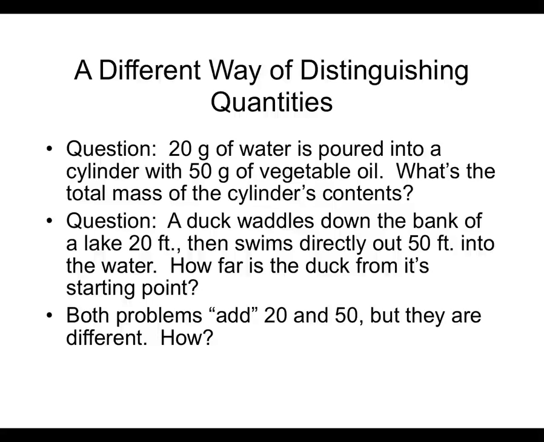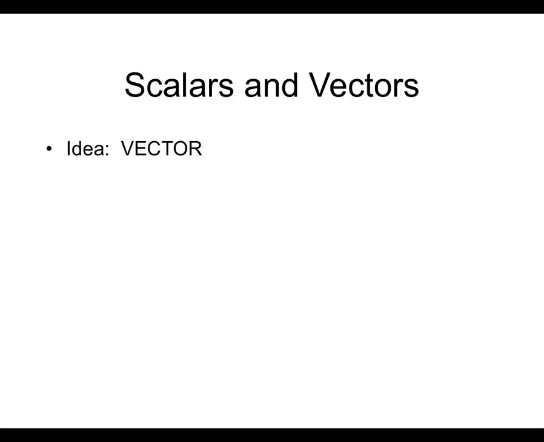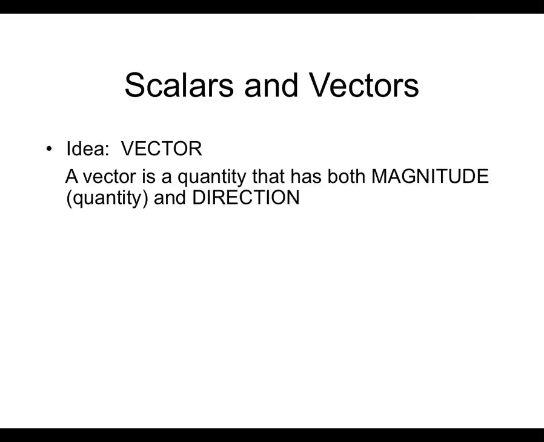So what we have in the first is what we call a scalar quantity. There's no direction associated with mass. You just add them together and get the total mass. But here, the 20 feet and the 50 feet, you can't just directly add them because each one has an associated direction. And that's what we call vectors. A vector is still a quantity, a measurable attribute of an object.